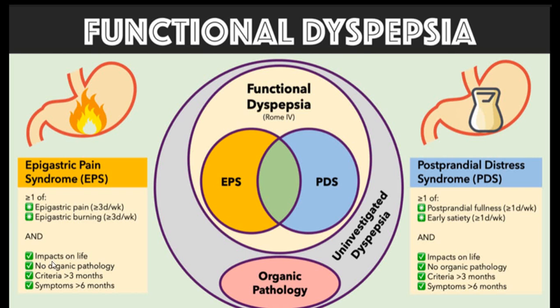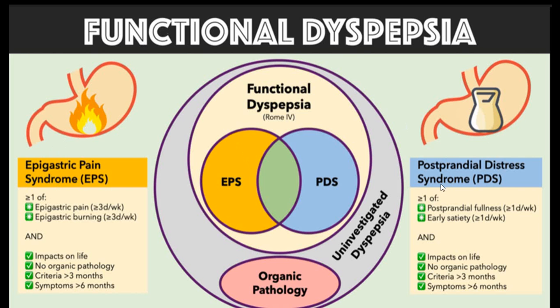On investigation there is no organic pathology. This criterion, lasting 3 days in a week, has to be there for more than 3 months, and symptoms should be more than 6 months in duration. Then only you can label a functional dyspepsia of the variety epigastric pain syndrome.